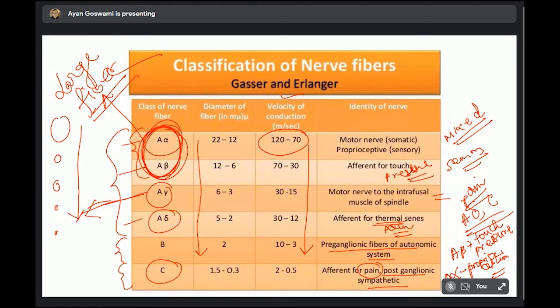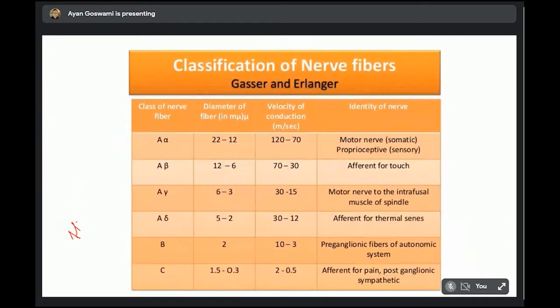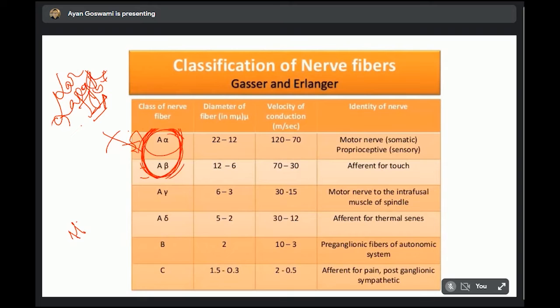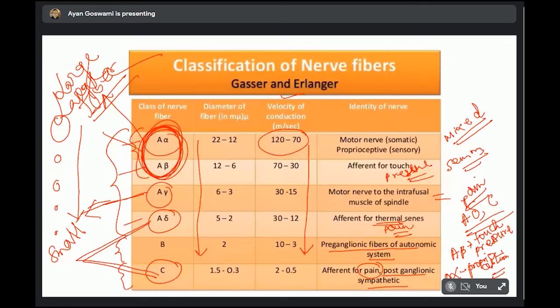And A delta and C, these two are called your small fiber. So A alpha and A beta are large fiber, A delta and C are small fiber. So everyone clear with this classification, so that we can proceed to next?